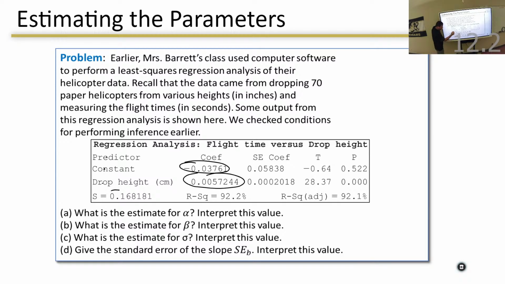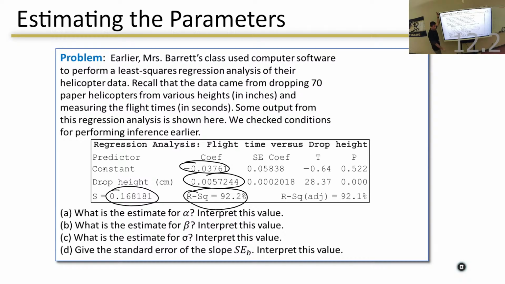We remember that we have S right here. That is the standard deviation of the residuals. We talked about that in chapter 3. Okay, and then we talked about R squared. That is the percent of variability in Y. I know you probably don't remember that, but again, this is more review of chapter 3 than it is 12.3.